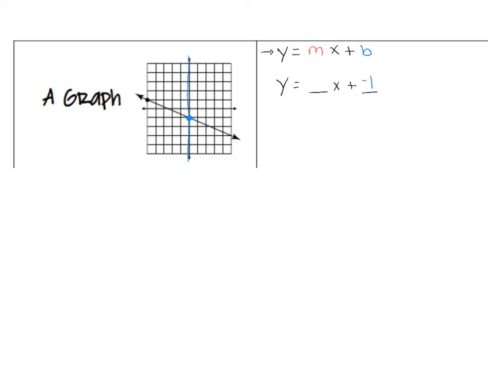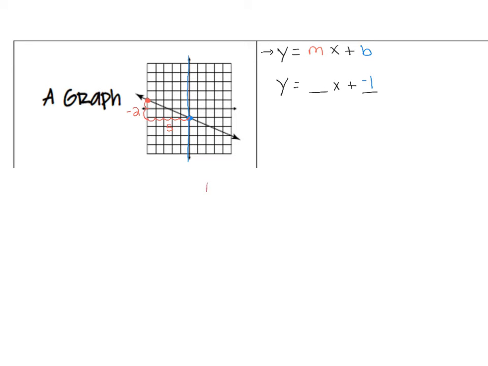To find the slope, I like to find the leftmost point. So in this case, it's that point. And then I first see if I have to go up or down to get to the next point. And I have to go down 2. And then I have to move across 1, 2, 3, 4, 5.